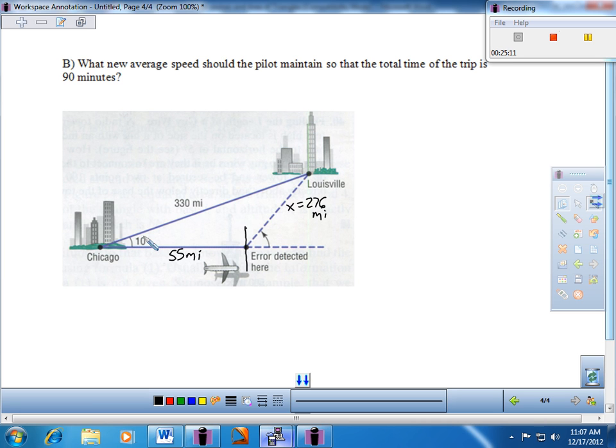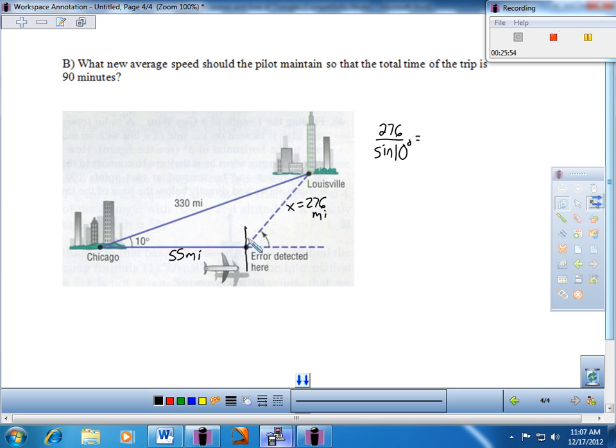So what I'm thinking is we have our 276 over the sine of 10 degrees, which is great. That's exactly what we wanted. I don't know that we want to get this angle just yet because I'm going to have to do an inverse sine on that, and as a result, the calculator will assume it's acute, and I don't know if it is or if it's not.